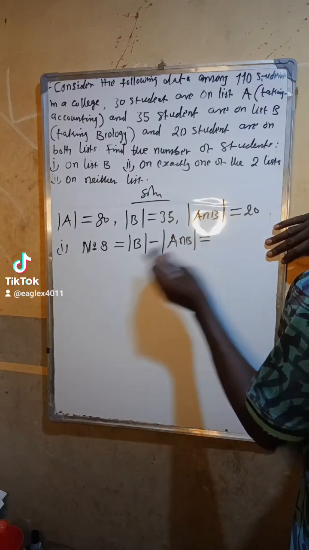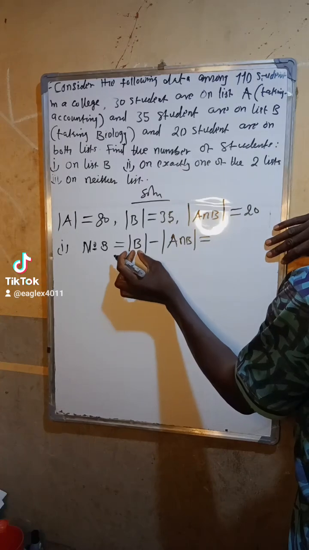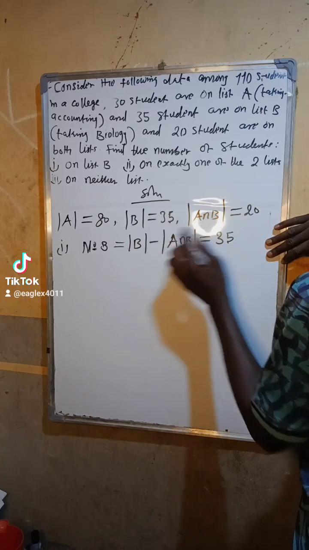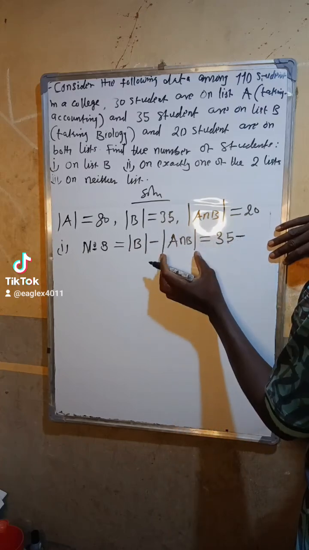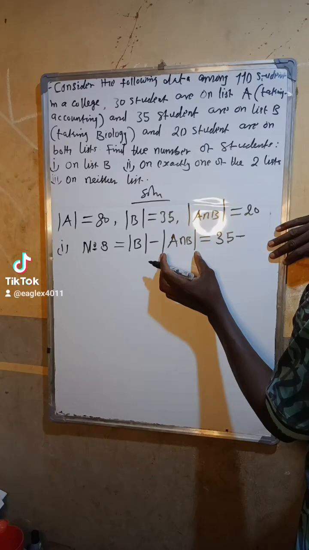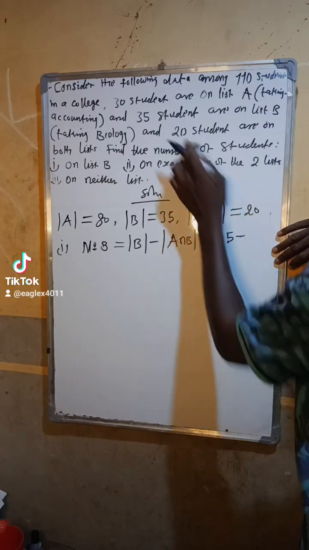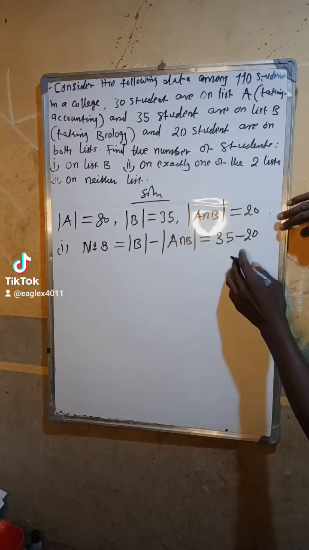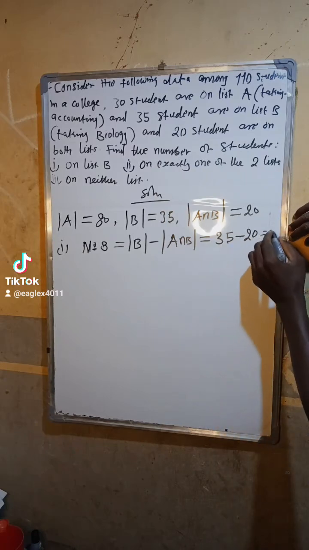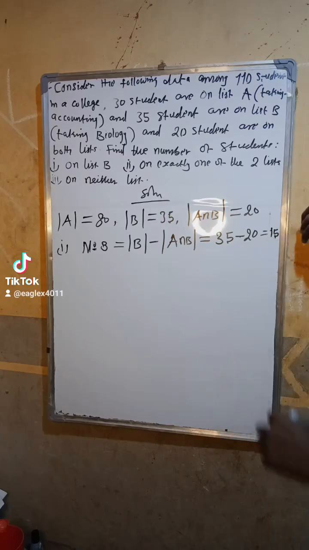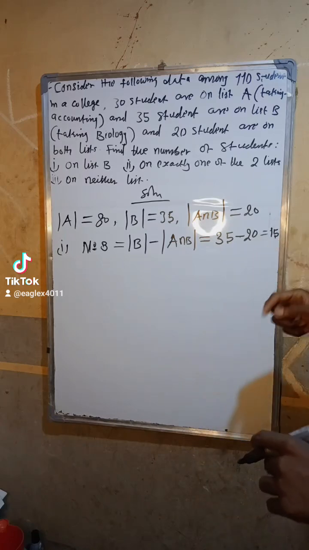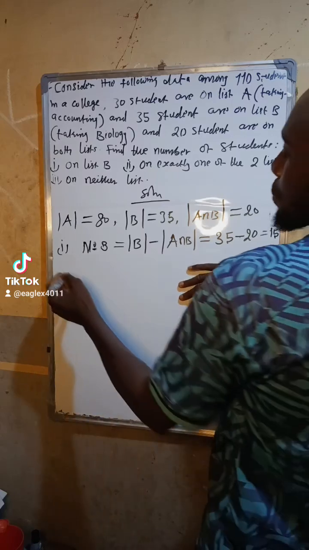That is 35 minus the intersection, 20, then 35 minus 20 will yield 15. Therefore, we have solved question 1. The number of students that are on list B only is 15 students.